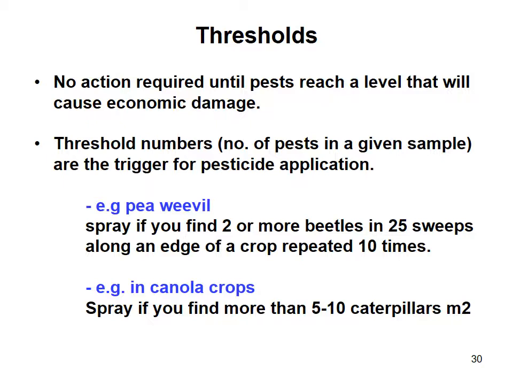The first one involves the pea weevil, and the recommendation is that you spray if you find 2 or more beetles in 25 sweeps along an edge of a crop, repeated 10 times. Another example involves canola crops. Spray if you find more than 5 to 10 caterpillars per square metre.